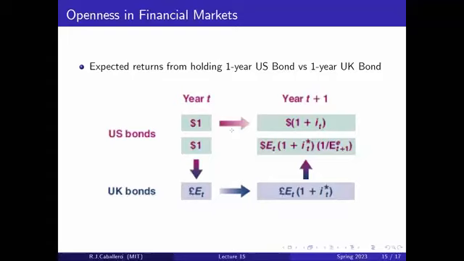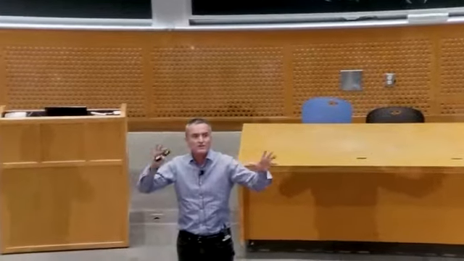So what I did here is say, if the markets are very integrated and they function fairly well, those two returns should be more or less similar in equilibrium, because prices are going to adjust, exchange rates are going to adjust, and so on. So these two ways of investing are more or less the same.